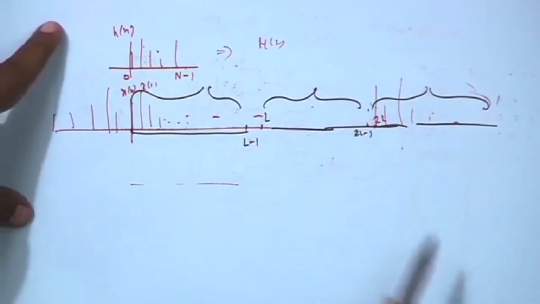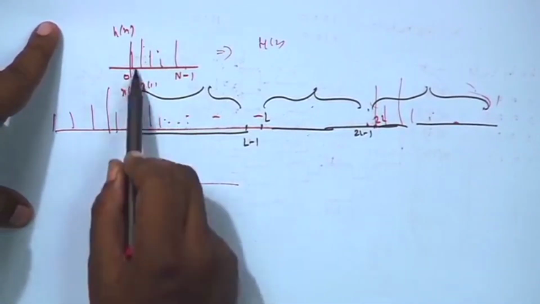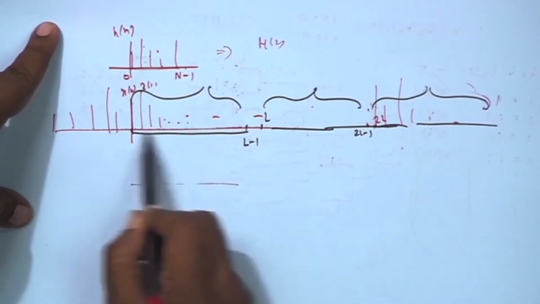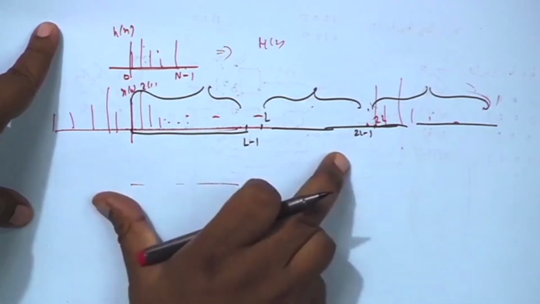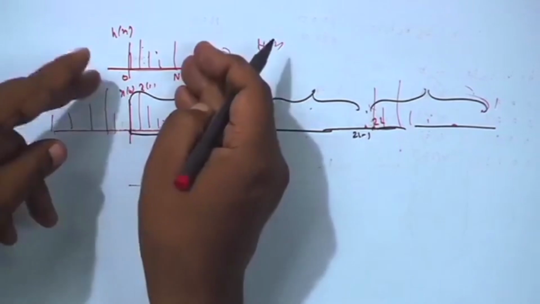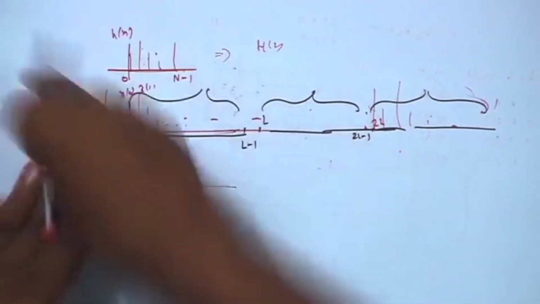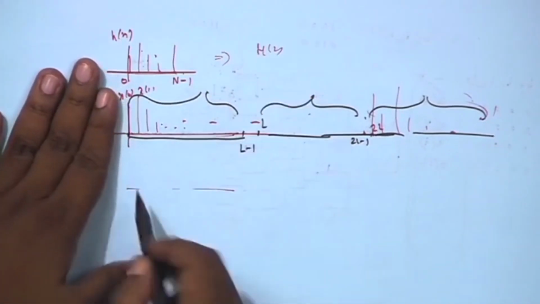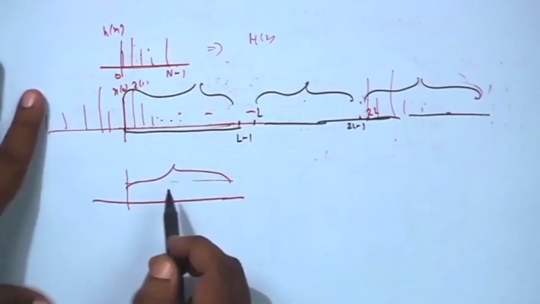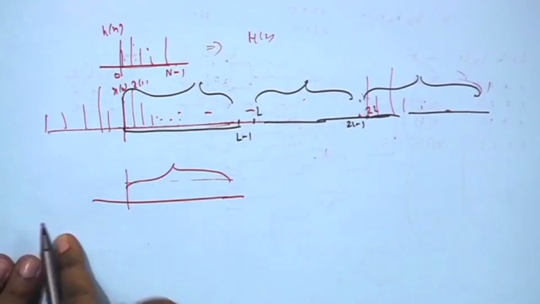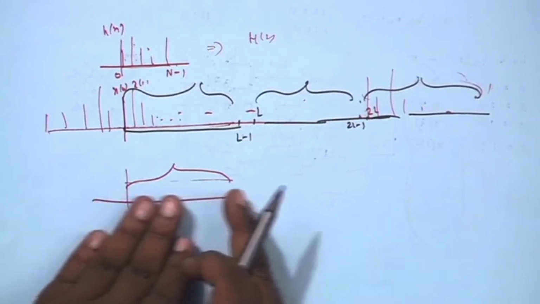If you convolve between this and this, by convolution it will stretch. If you do graphical convolution, this will be reversed. Suppose you are dealing with only this block and the other one is reversed, and you keep shifting it.